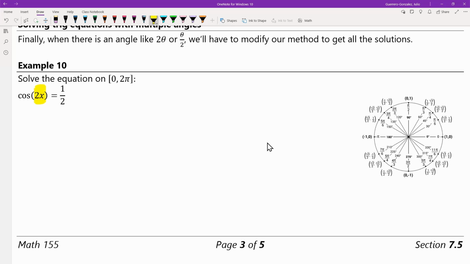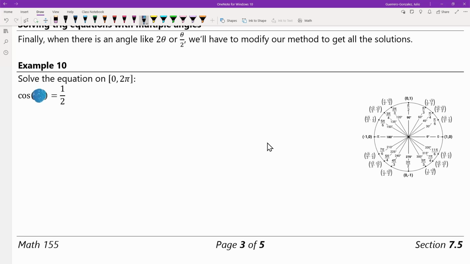It's no different from solving the ones that we were just doing, except that after we find our angles, we now have to do a little bit of math after that. So for example, what I'm going to do is this. You can completely do this as well when you're doing these on your own. I'm just going to put a big, huge, fat dot.